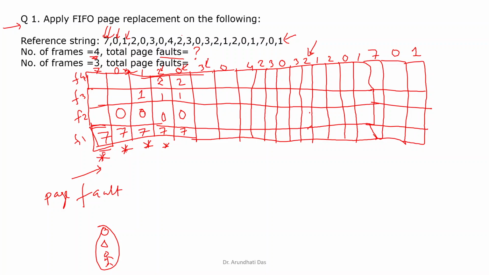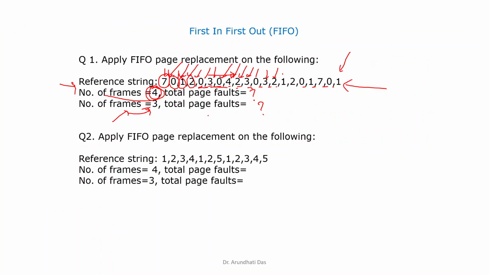Then the next request is 3. I already have 7, 0, 1, 2. Is 3 in the main memory? No. So a page fault will occur. Now whenever a page fault occurs, what do we need to do?